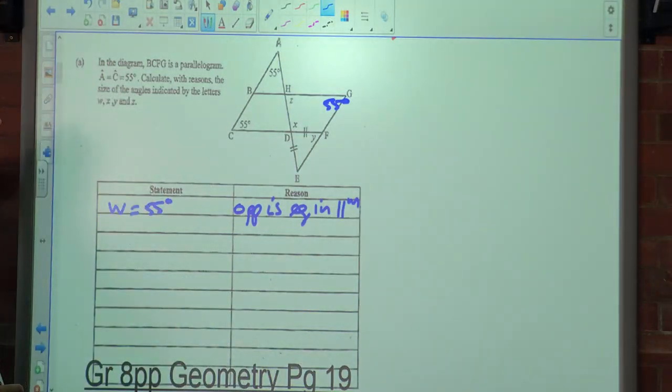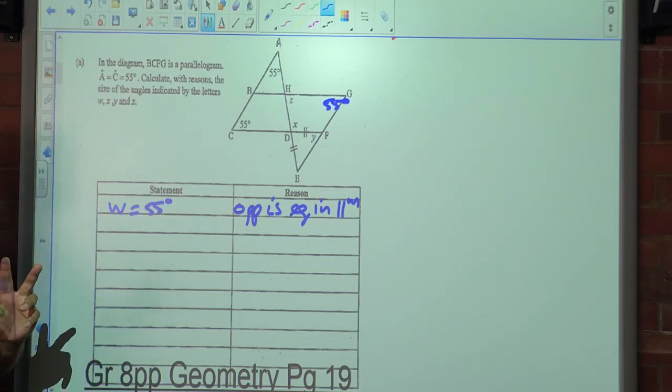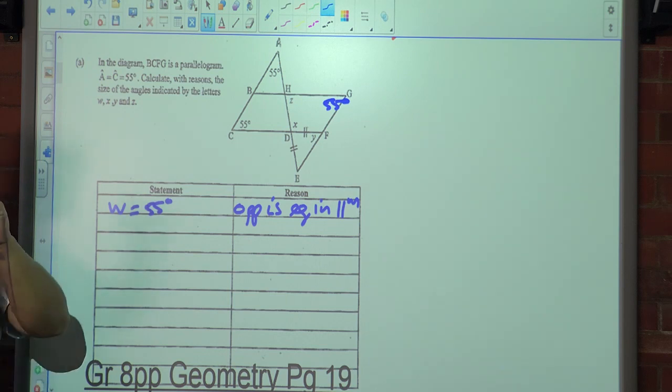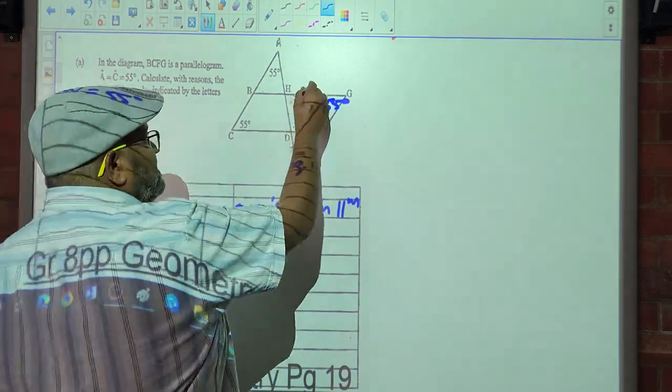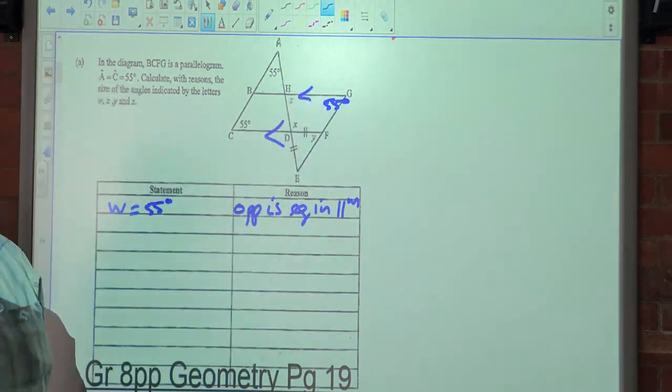Right, now what? X. Y is equal to? But it's not, okay, you're absolutely correct. But what do I have to say first? You must state it. Because were the lines given on the diagram parallel?